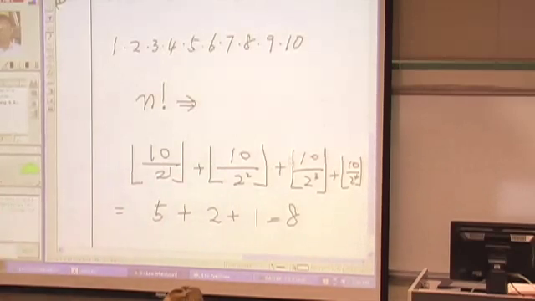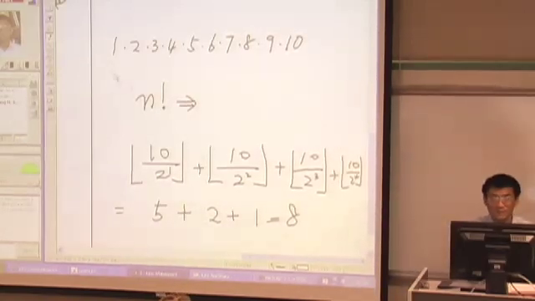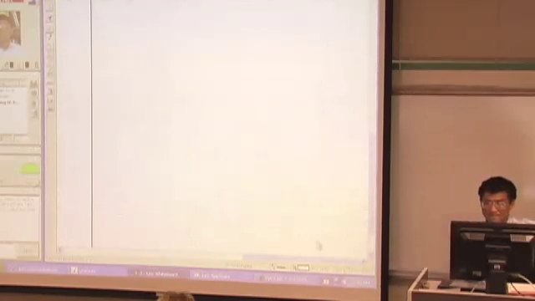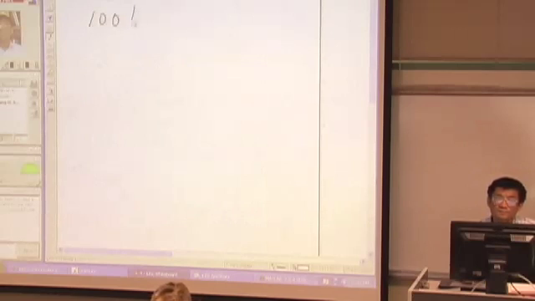If you doubt it, I will ask you to count the next thing. In 100 factorial, how many 7s can you find?